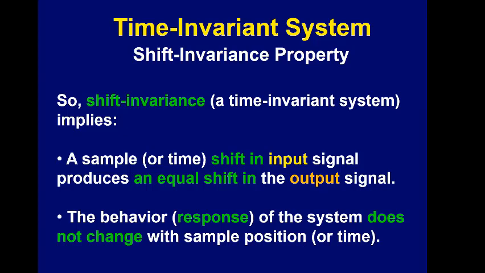It also implies, though, that the basic dynamic behavior of the system is unchanging over time, so that if I put a signal in today or tomorrow or the next day, I get exactly the same shape response out of the system. That is the characteristic of a shift invariant system.